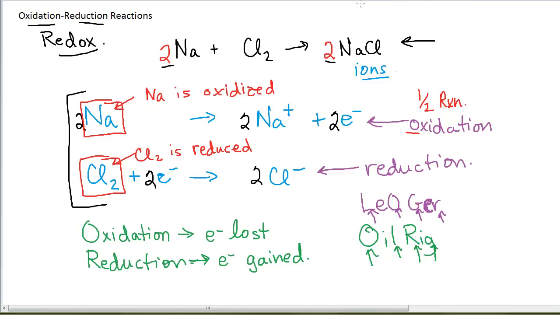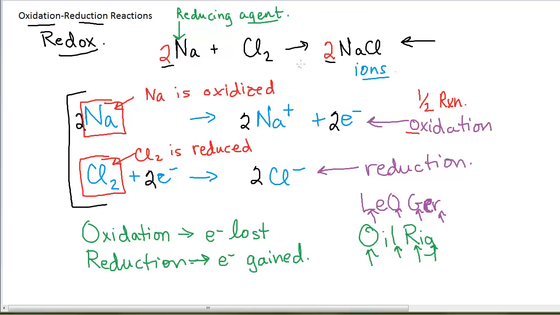One more set of words to apply to this. As I look at a balanced redox reaction, once I identify who has been oxidized, like the sodium has been oxidized, I can now call it the reducing agent. When I label something an agent, this is something that causes something else to happen. So sodium causes the chlorine to be reduced.